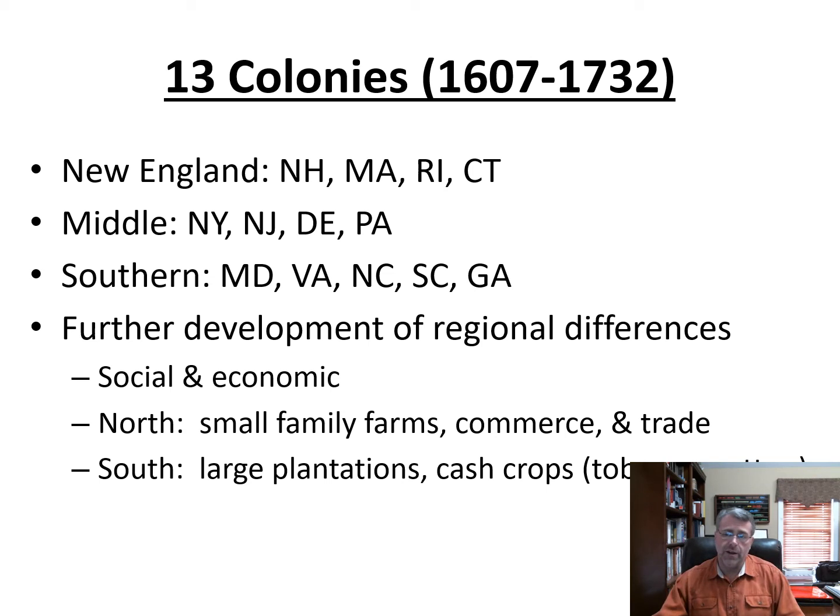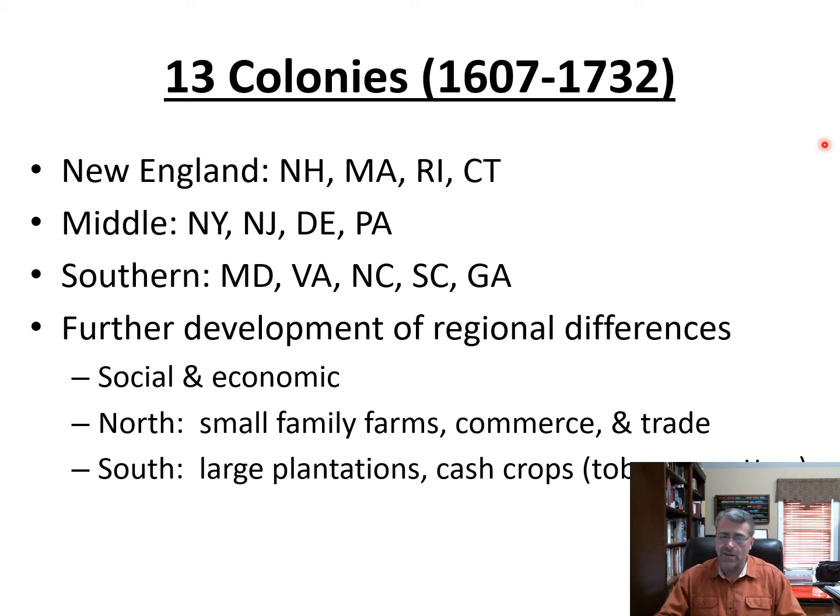We've got our New England colonies, New Hampshire, Massachusetts, Rhode Island, Connecticut. We've got the middle colonies, New York, New Jersey, Delaware, Pennsylvania, and our southern colonies, Maryland and Virginia, the Carolinas, and Georgia.